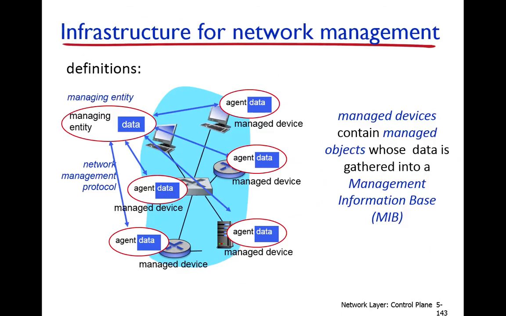As I have told you, each managed device sends data using managed objects to the server, and the server stores the data in the management information base. The data from all agents or managed devices is stored here in the managing entity.